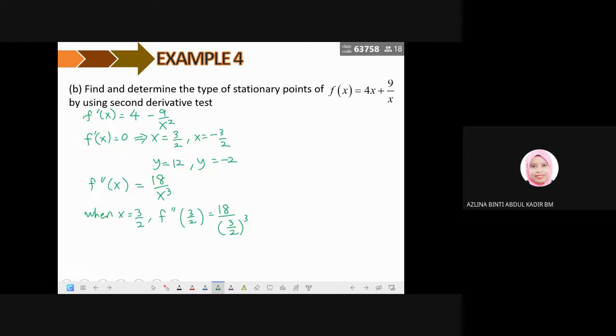Calculator. Zuhairi kelas ni kau? Cepat. When x is equals to negative 3/2.